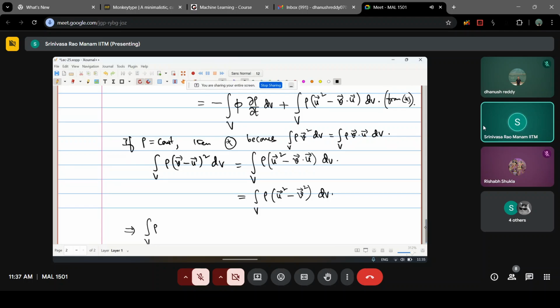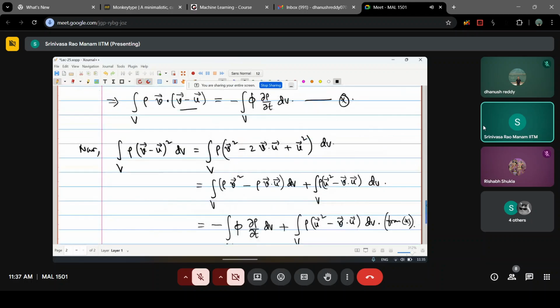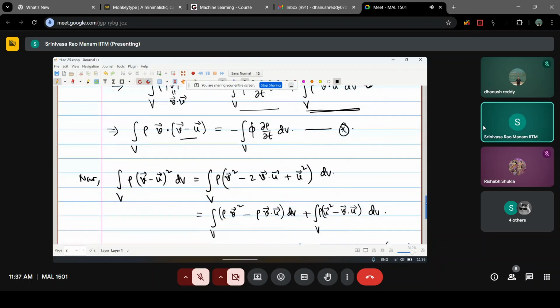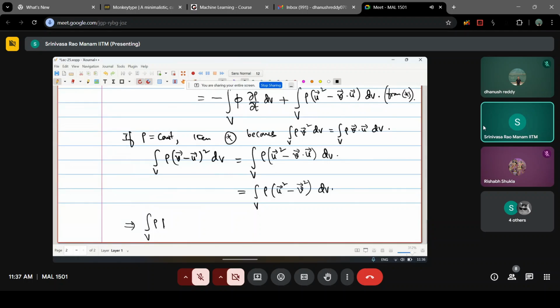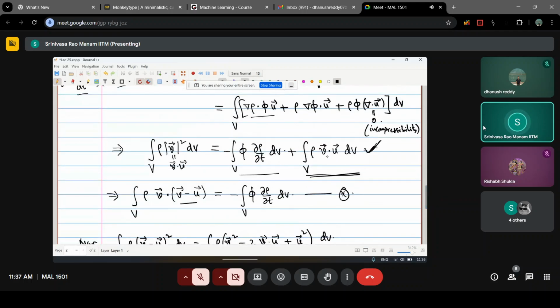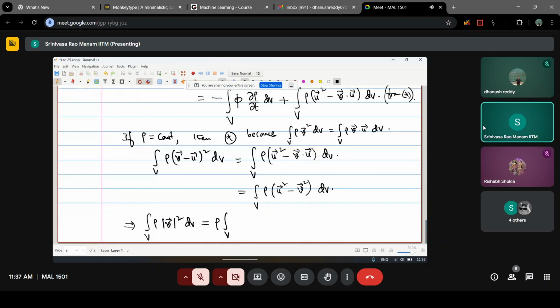First of all, rho V square dV is actually equal to rho times integral over V dot U. So if this is 0, basically rho V dot U dV. Okay, this is what you get. But how do you get this one now?